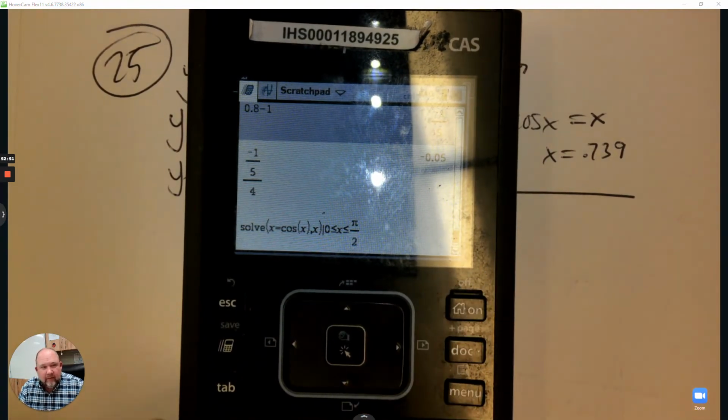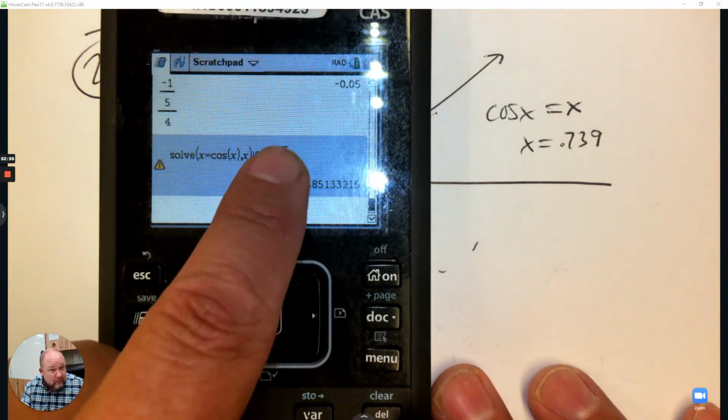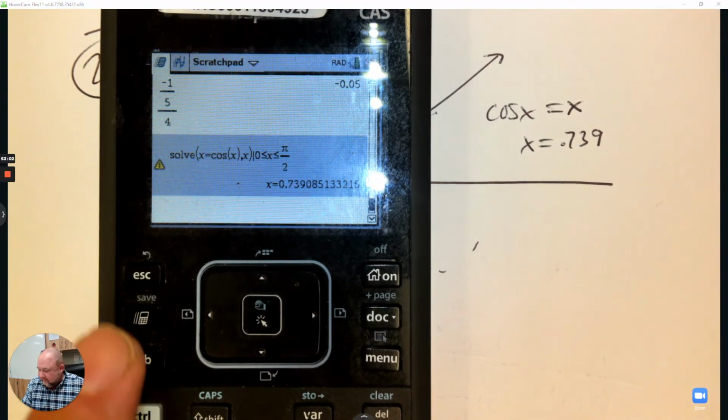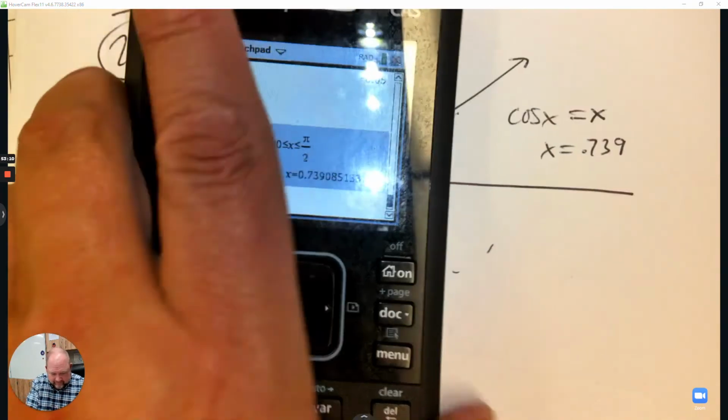So then I only want that answer. If you don't do a restriction at the end, it'll be a generic answer. There's an infinite number of solutions to it. So we have to solve it and know. Actually, it would only be 1 even without it, I think, because of the way the line's going. Anyways, 0.739. There it is.